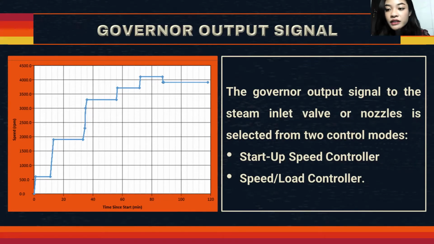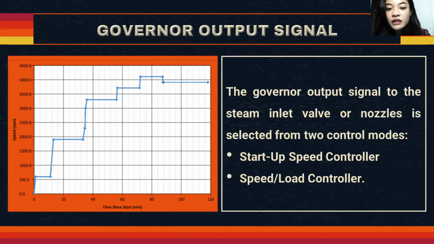The governor output signal to the steam inlet valve or nozzles is set from two control modes: the startup speed controller and the speed or load controller. The startup speed controller provides override control during the startup sequence of orderly ramping of the steam turbine through multiple warm-up phases.